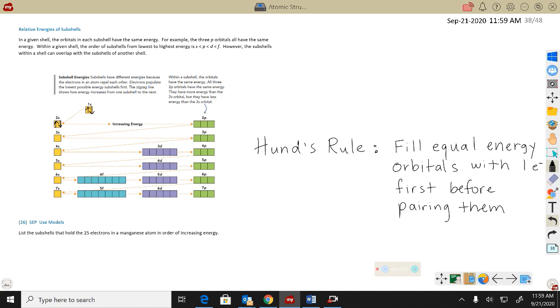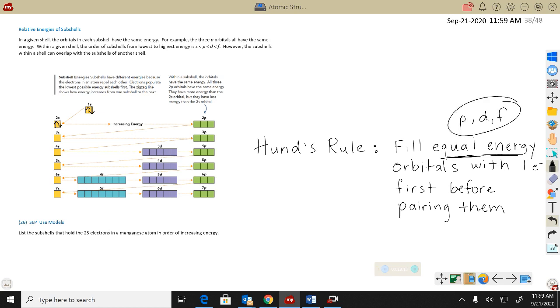Right now you're probably wondering what that means, but Hund's Rule makes total sense. It says to fill equal energy orbitals, and by equal energy orbitals, we're talking about p's, d's, and f's. So this rule applies to p's, d's, and f's.